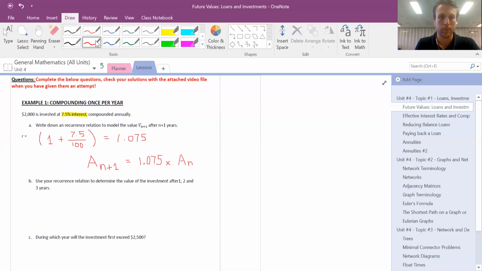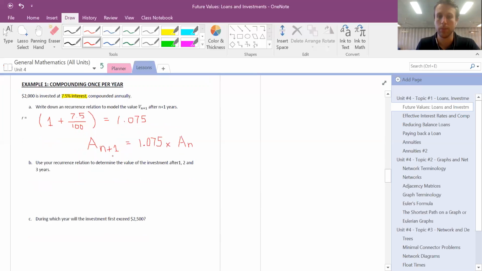So moving on down to the next one, we're going to use that recurrence relationship for the investments. So it's asking for the first year, second year, third year. So all I can do is I can use my generic one. Since I haven't got much space, I'm not going to rewrite the generic, but I normally would. And I can go down, well, I want to know what is the first year after the 0th year, which is how much I'm investing it at.